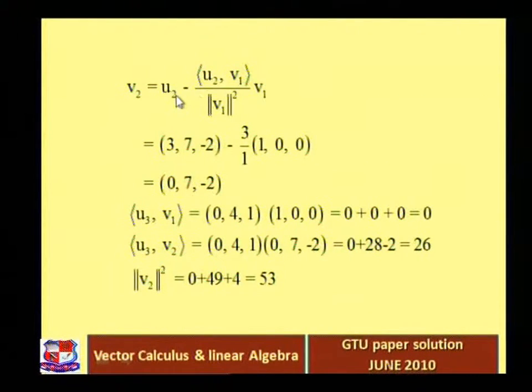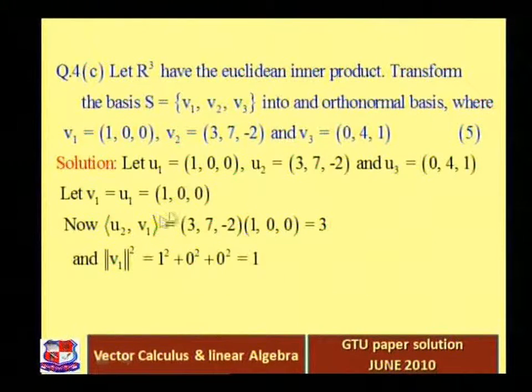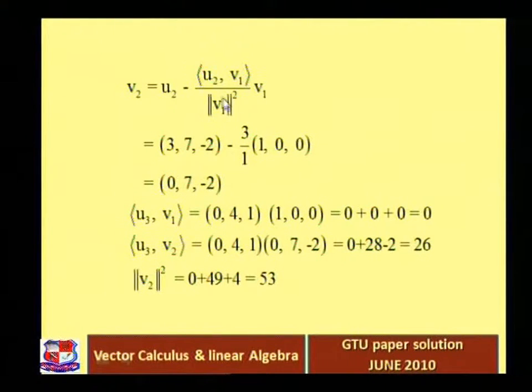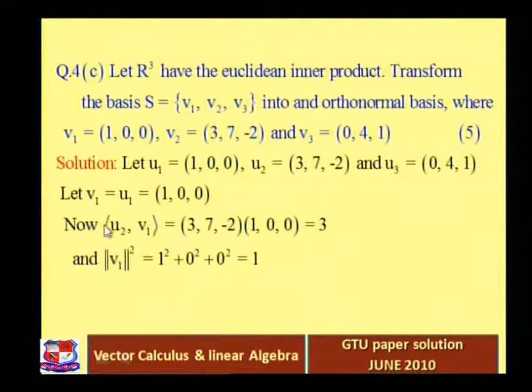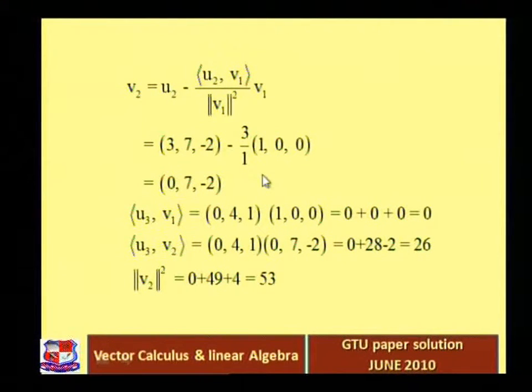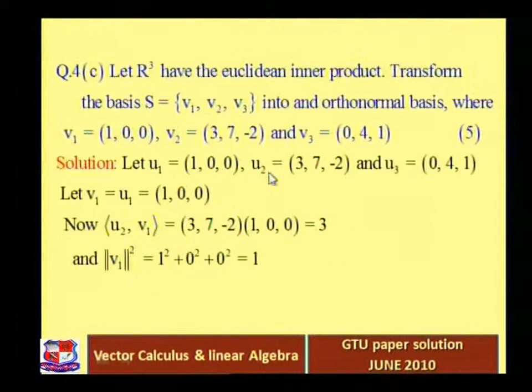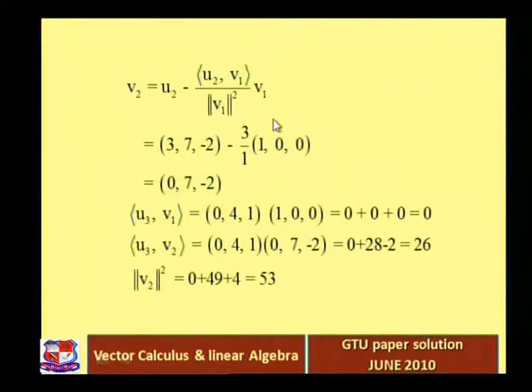v2 is equal to u2 minus inner product u2 v1 upon norm v1 square into v1. That is 3 7 minus 2, minus inner product u2 v1, which is 3, upon 1 into v1, that is 1 0 0.